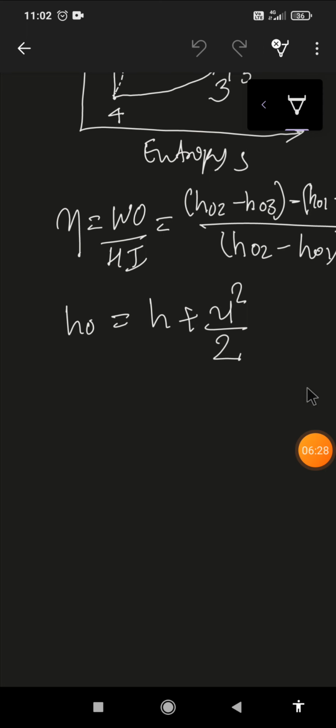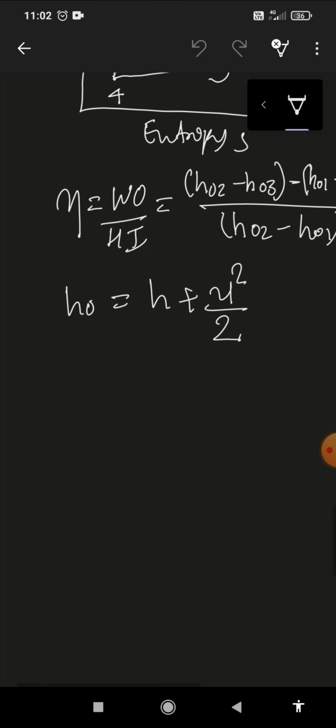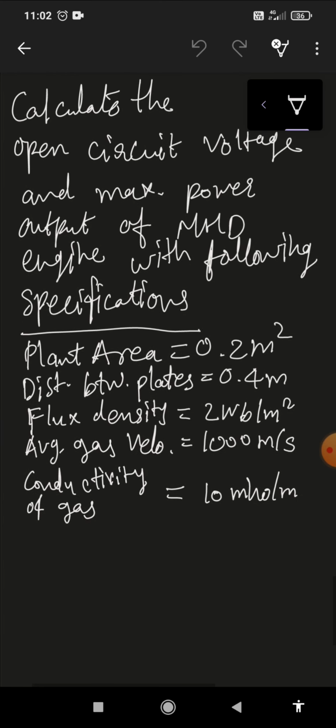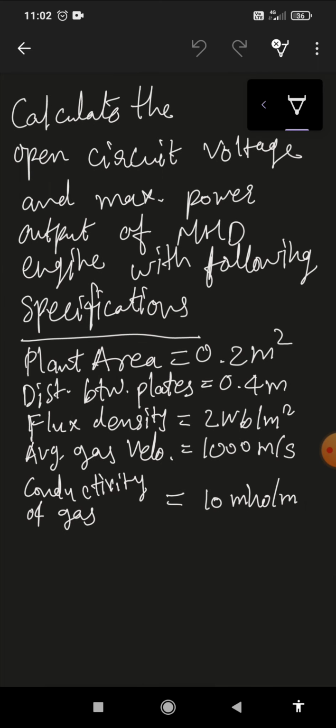Now we will solve an example which was asked in an exam. Calculate the open circuit voltage.